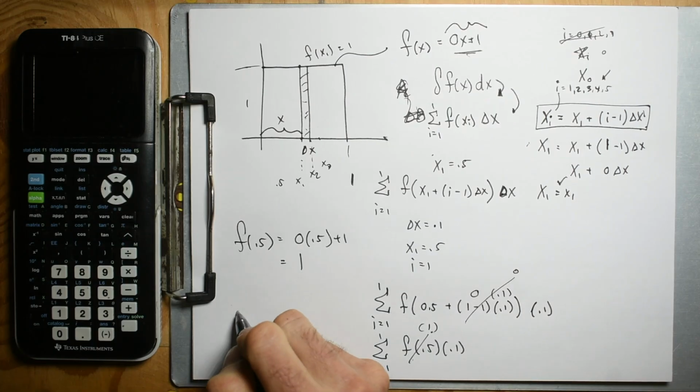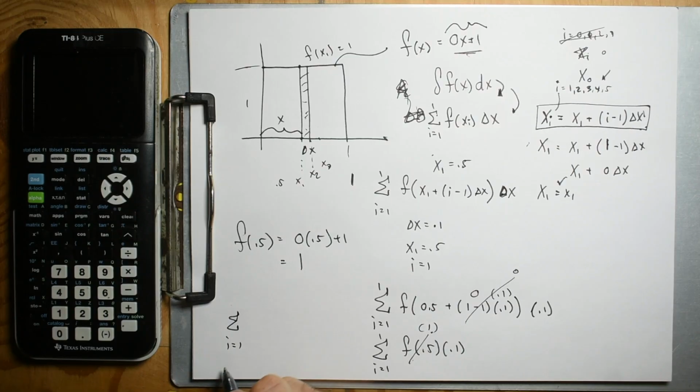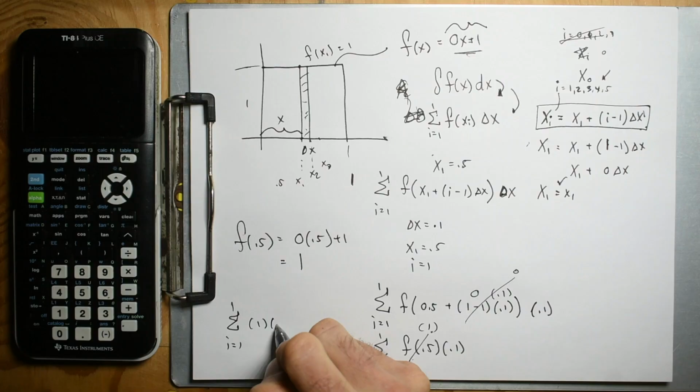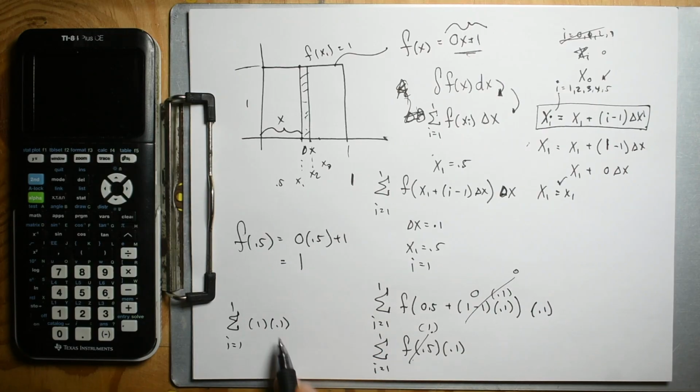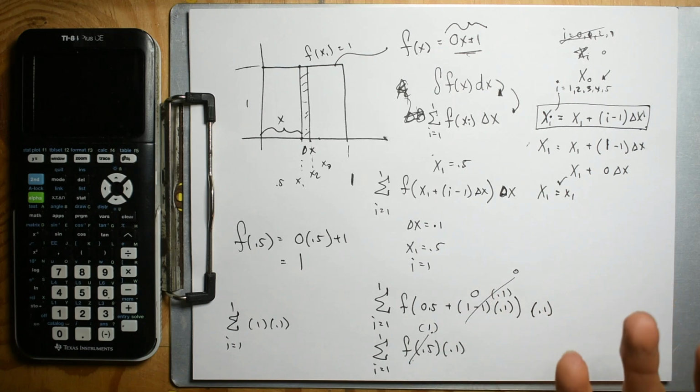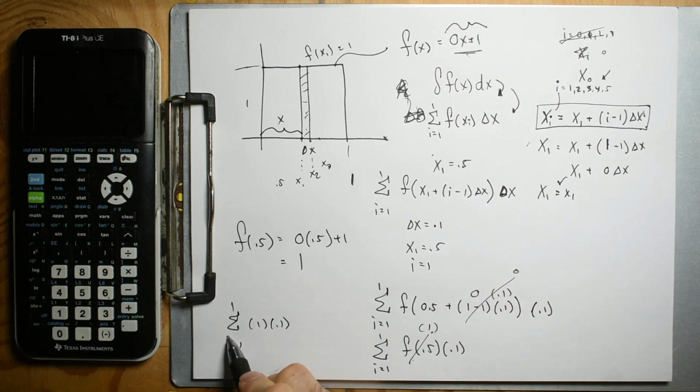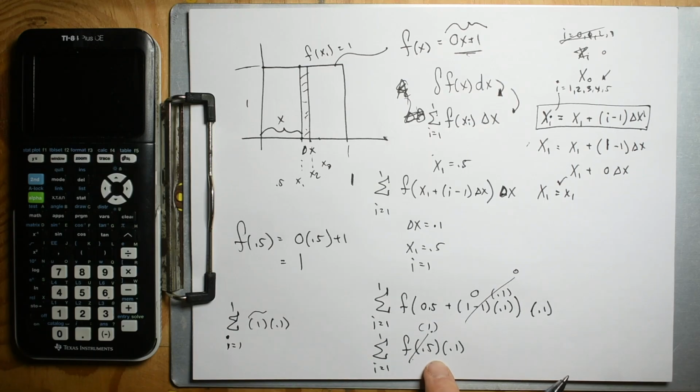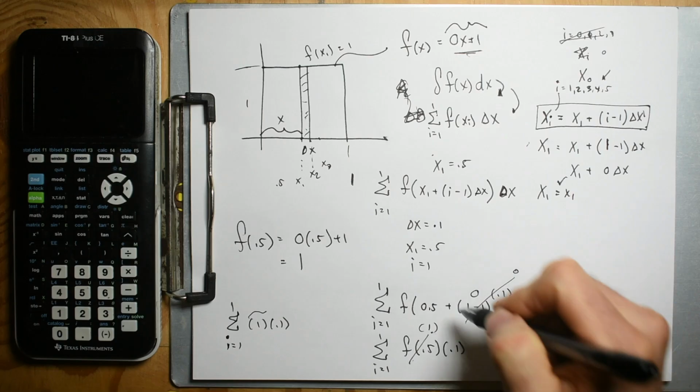So now we have the summation of i equal to 1 to 1 of 1 times 0.1. And now we're just going to have that one value, because we only did one iteration. And I think you can get rid of the summation sign right here.